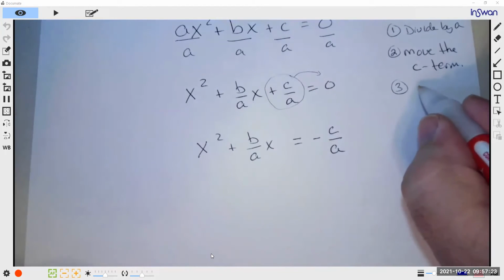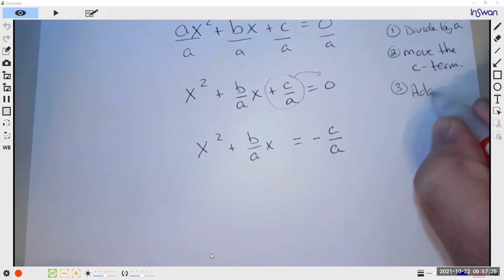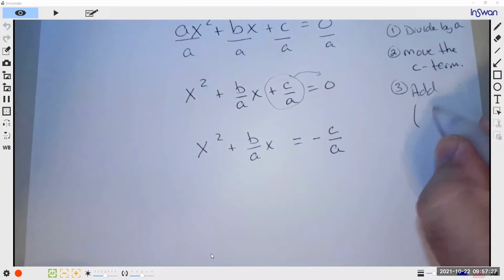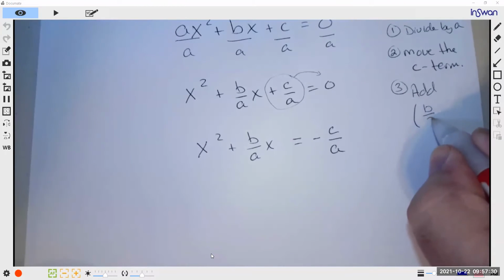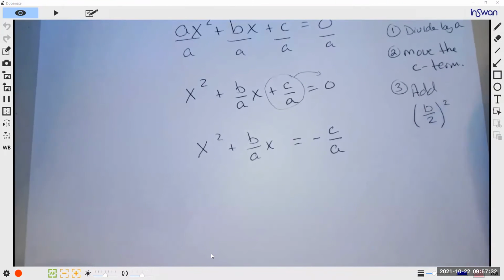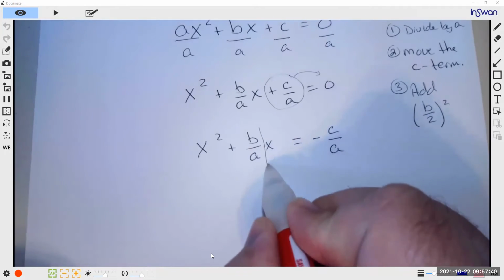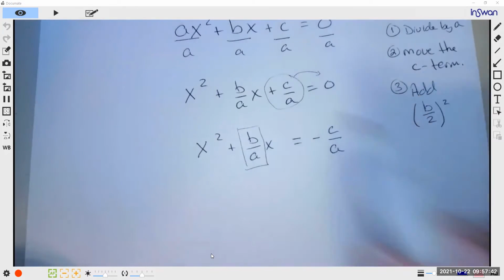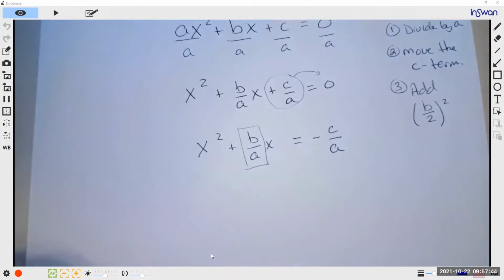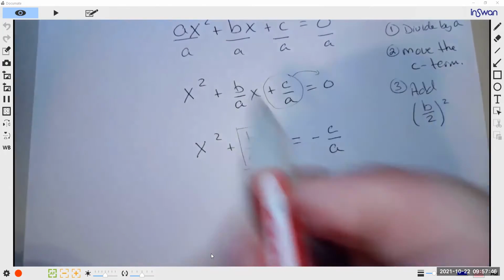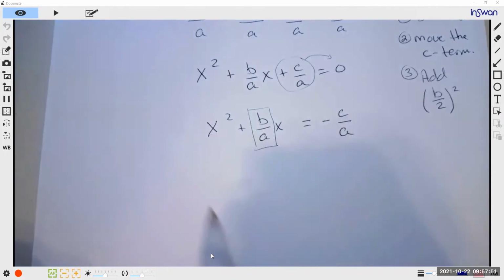Third step. Add b over 2 squared to both sides. Remember, b is whatever's in front of the x. That is your b term. In this case, what's in front of the x is b over a.